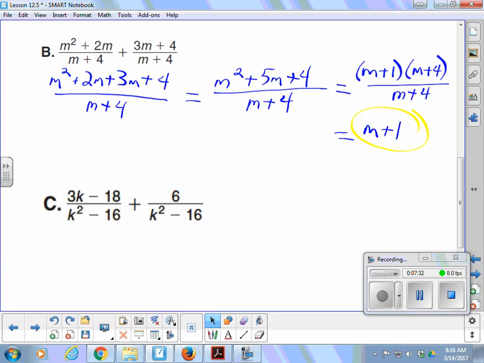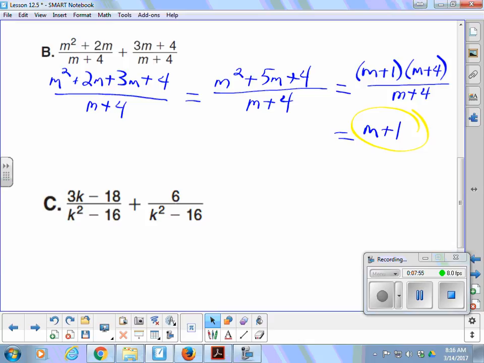So you're going to have k plus 4 and k minus 4. Put them in parentheses, and put your fraction bar back in there.